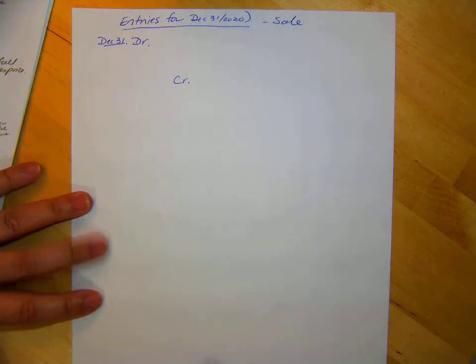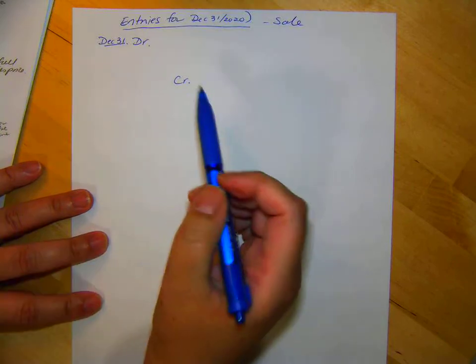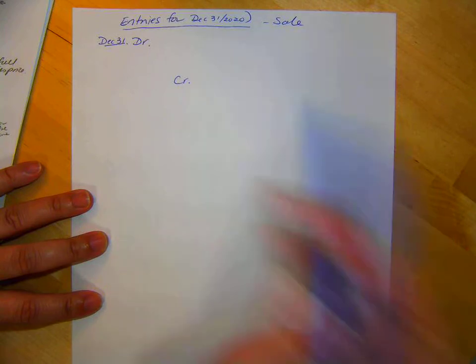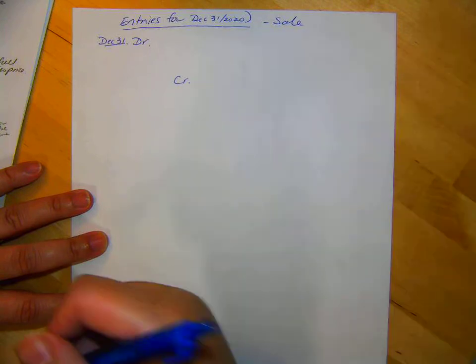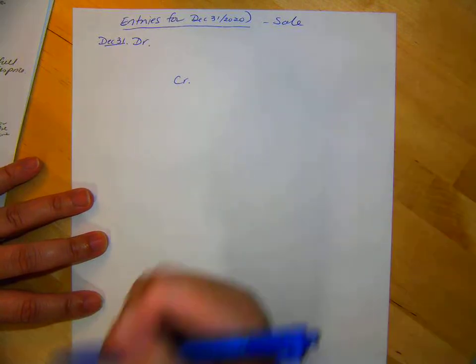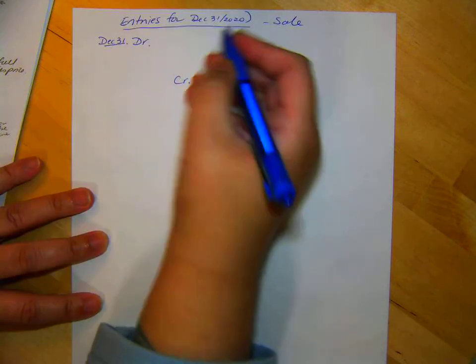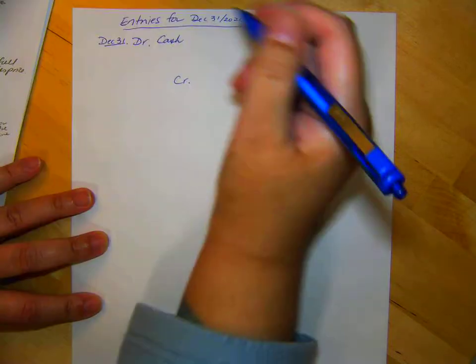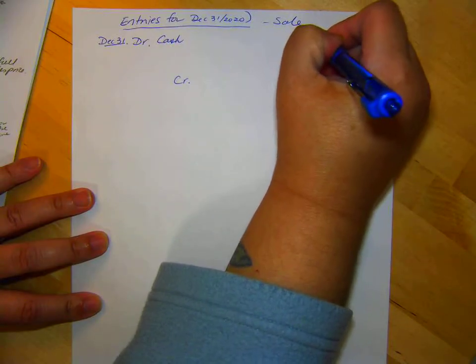Okay? So what is actually in here? Think physically what's happening. Well, we're giving equipment to Tamarisk and they're giving us money. So we're getting cash. How much cash are we getting? Well, we're getting the $49,500.